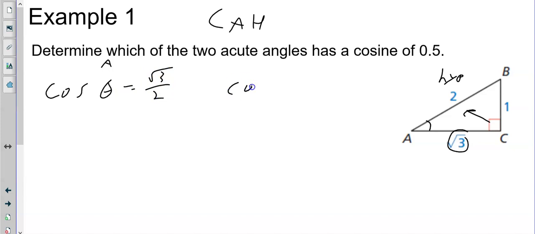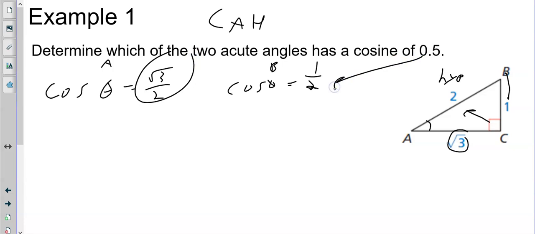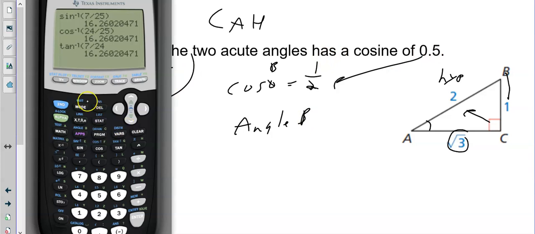And from the other angle, cosine of theta, we're going to do that B, adjacent would be right here, 1 over 2. Now, without doing any calculations, we already know that 1 divided by 2 is 0.5. So it's angle B. But if you didn't set this up ahead of time, you would have done this, very simple.